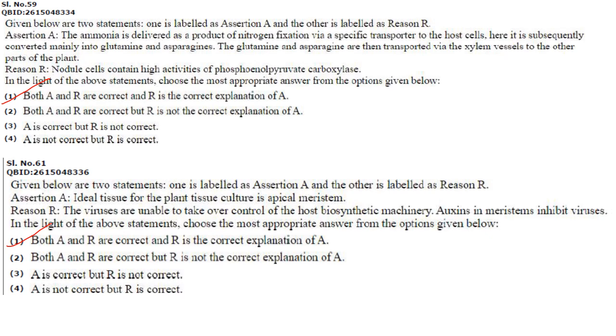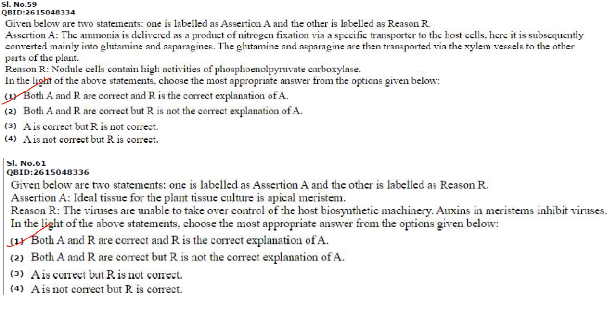The glutamine and asparagine are then transported via the xylem vessel to other parts of the plant. That is correct. Reason R: Nodule cells contain high activities of phosphoenolpyruvate carboxylase. That is also correct. A and R are correct and R is the correct explanation of A. So the answer is option 1.